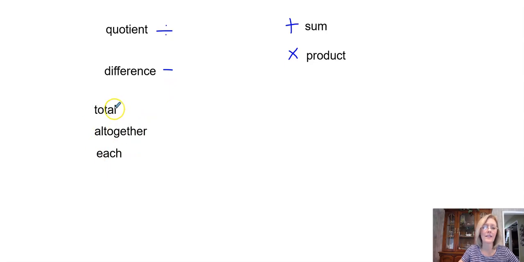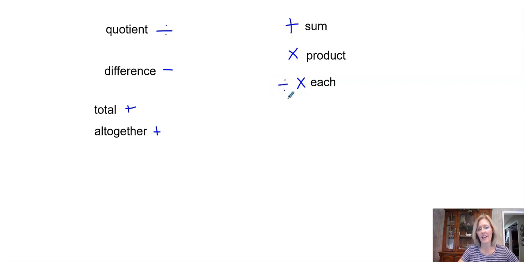Now, if we'll look at these over here, you should know by now that total means to add. That's a funny adding sign. Altogether means to add. And each, we talked about in our other problem, each is going to be a multiplying, all right? Or a divide.